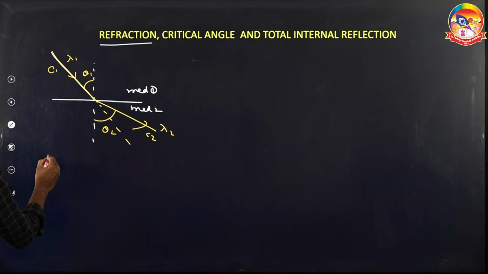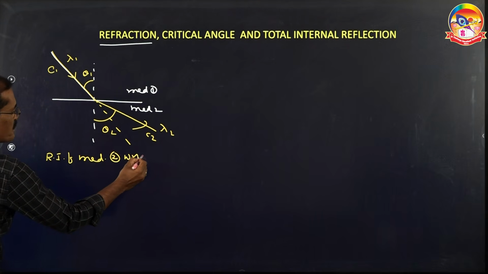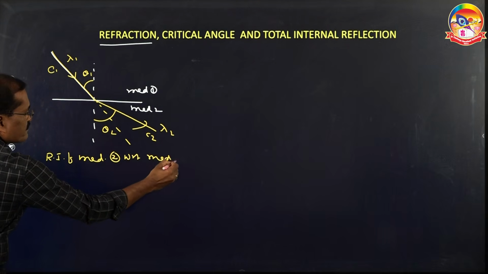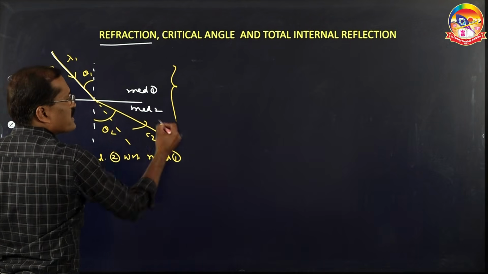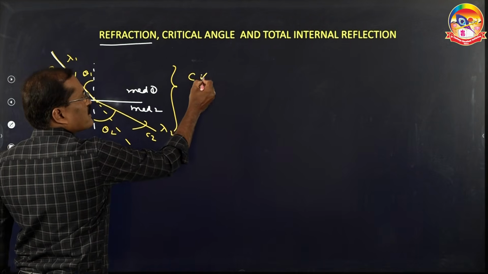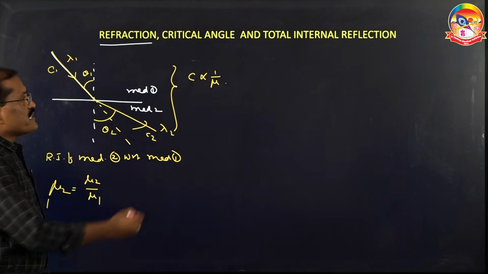We can say that the refractive index of medium 2 with respect to medium 1 is written as mu 2 by mu 1. Children, try to understand this very important point here: speed of light is inversely proportional to refractive index, the more the refractive index, the less the speed.